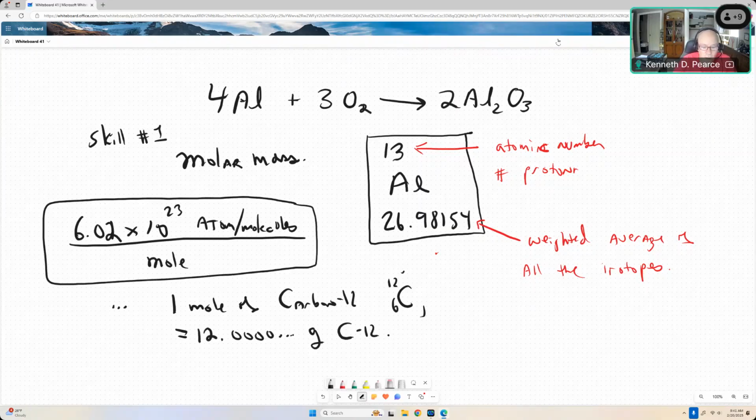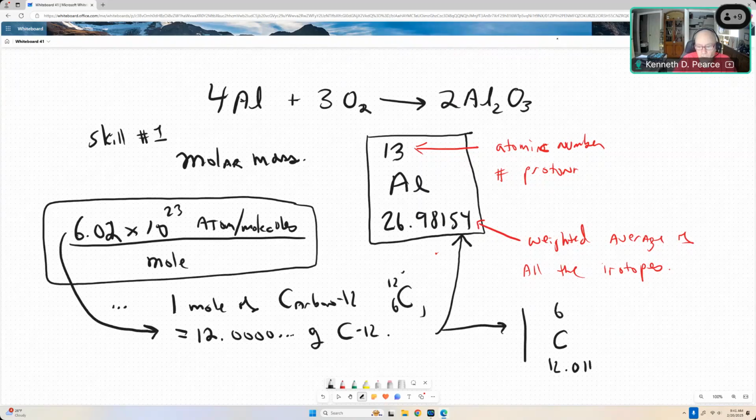But what Avogadro's number does, when you define it this way, is that we can now look at this number right here on our periodic table. For carbon, for instance, since I just used carbon, that's 12.011, and there's a 6 up top, right?